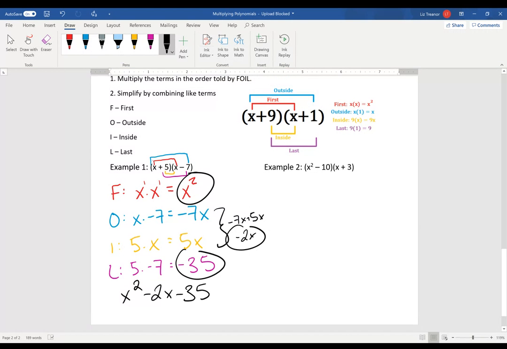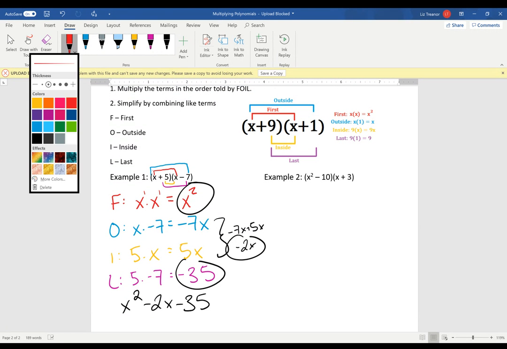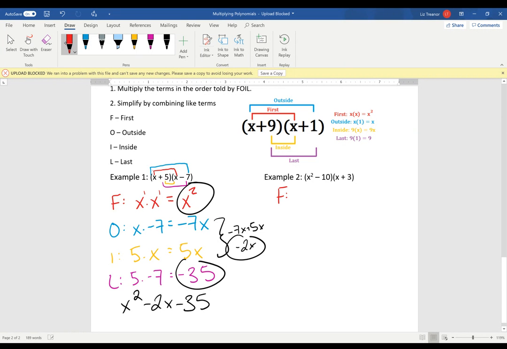Okay, example number 2, one more example. So again, we're going to start with the first, and that is x squared times x. So you get x squared times x. I'm going to put the 1 here. And again, when you multiply, you add, so that's x cubed. Now we're going to do the outside terms.